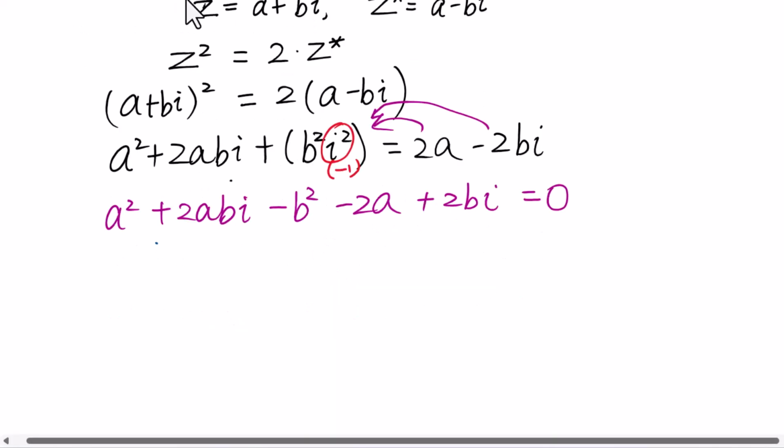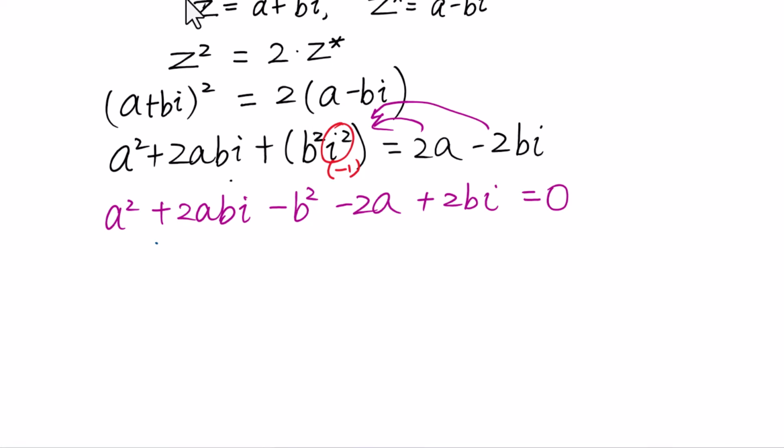Then we put the real part together and the imaginary part together. a squared minus b squared minus 2a plus 2ab plus 2b i equals 0.